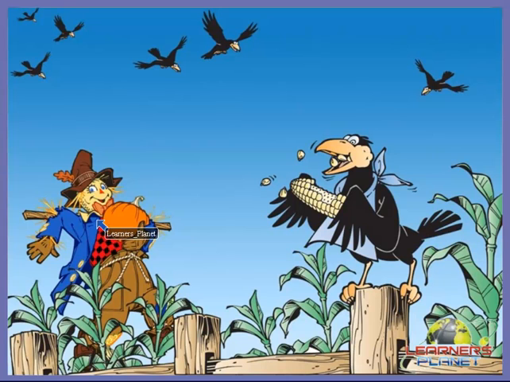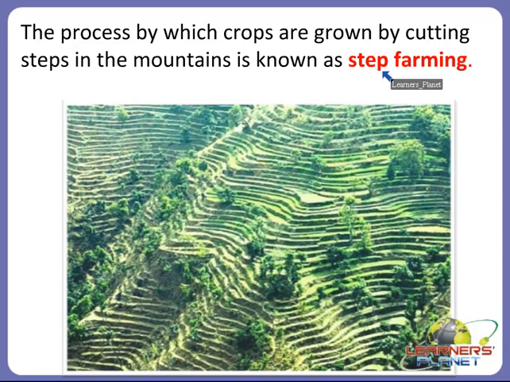So farmers use scarecrows in their fields to protect their crops from birds like crows. Otherwise they will damage the crops or eat them, right? So farmers also use this interesting method, using scarecrows in their fields to protect crops from birds.